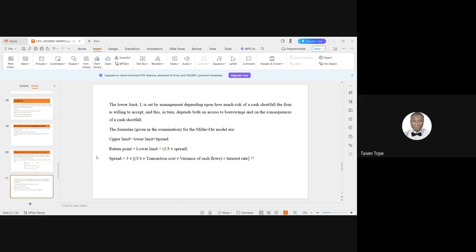The inner one is carrying 3/4 multiplied by your transaction cost multiplied by variance of cash flow. You close your bracket, then divide by the interest rate. Then everything in the bracket is raised to the power of 1/3. Take notes.